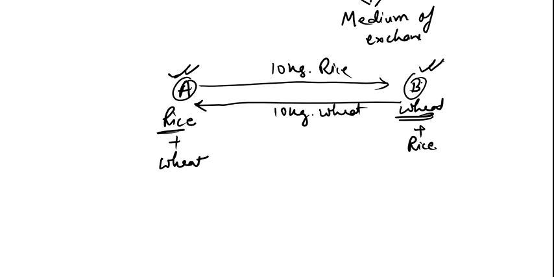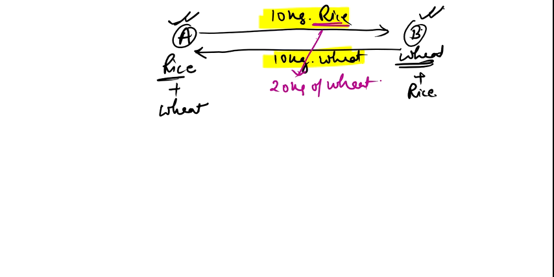Now this proportion is also very important. Suppose Mr. A is giving 10 kg of rice and that is worth 20 kg of wheat. So they tried to assign some value to rice and some value to wheat.